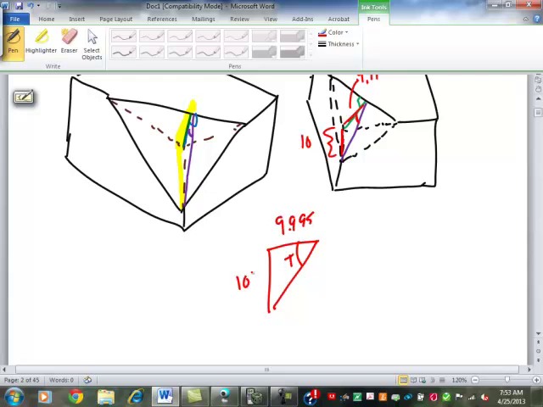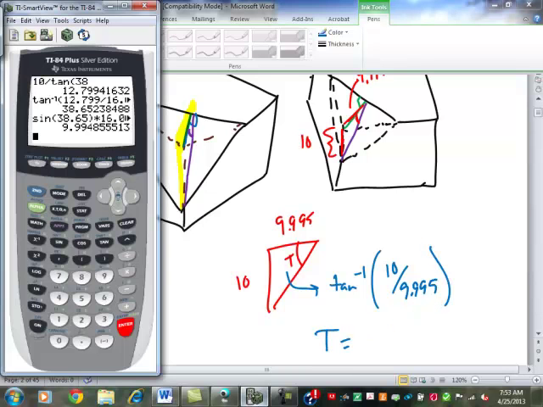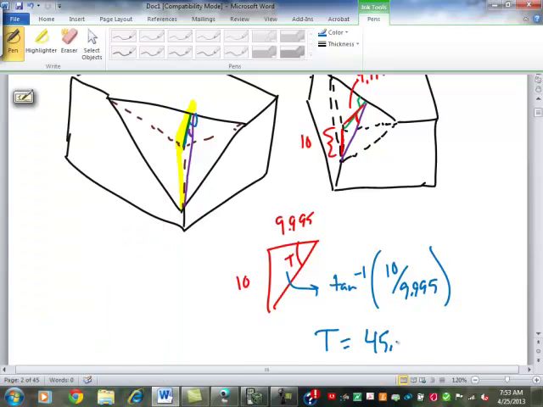With 9.995 and 10, T is going to be an inverse tangent of 10 over 9.995. You got it. So T is 45.01 degrees, pretty much.